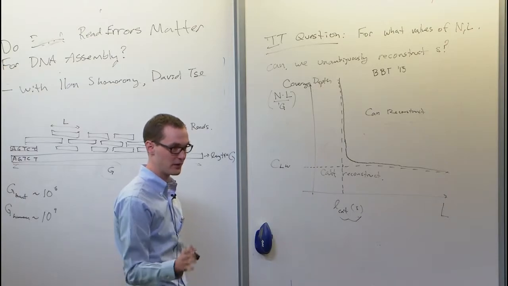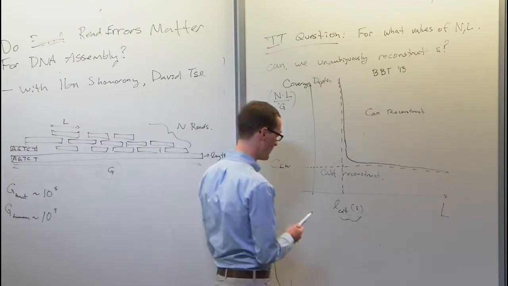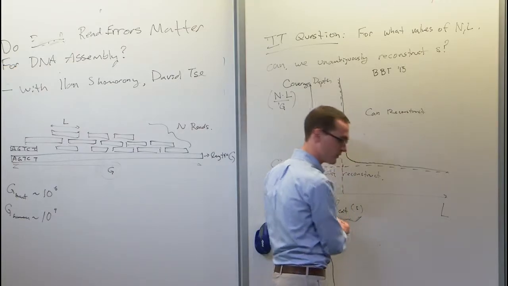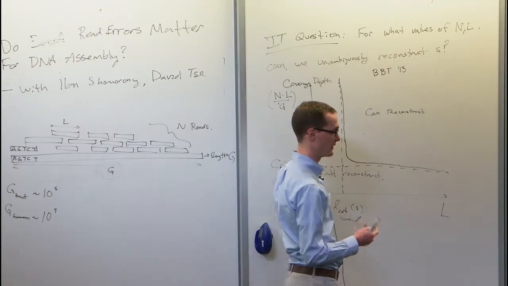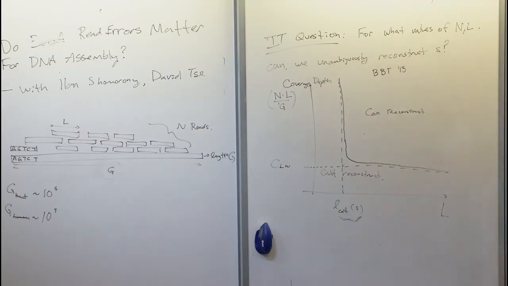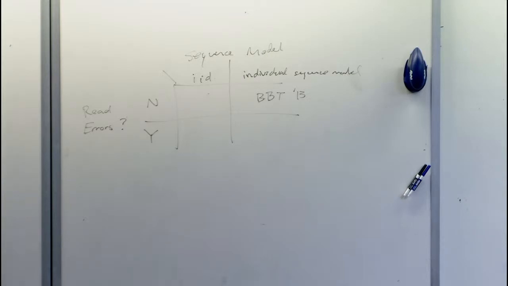I'm certainly not going to be able to reproduce the sequence, right? I mean, we can agree on that point. So that's what this critical read length depends on, actually, the repetition structure of this underlying sequence. And that's why it's important to consider the individual sequence model, because an IID sequence model has very short repeated sequences, right? So it turns out that the statistic that determines this critical read length depends critically on that repetition structure.